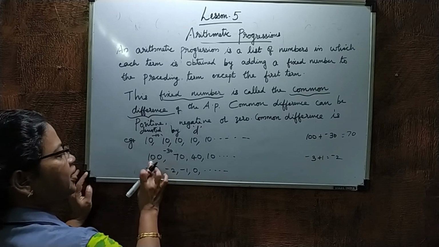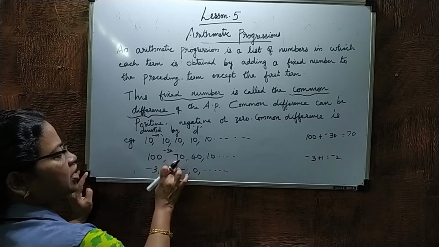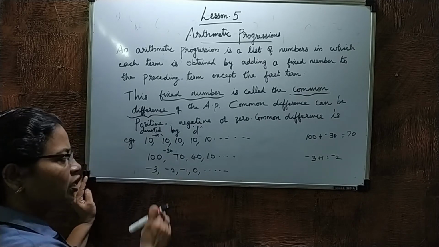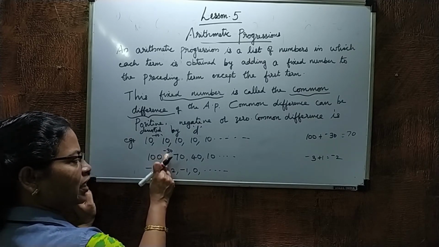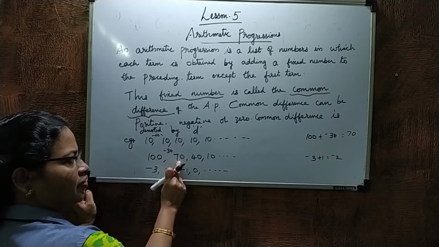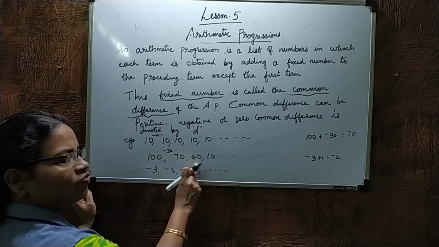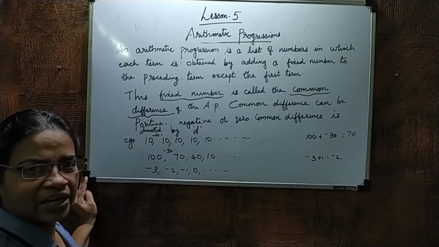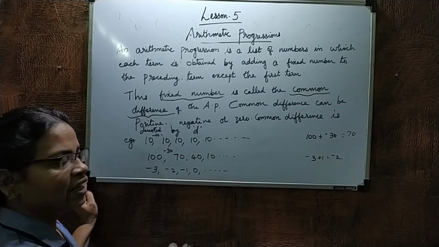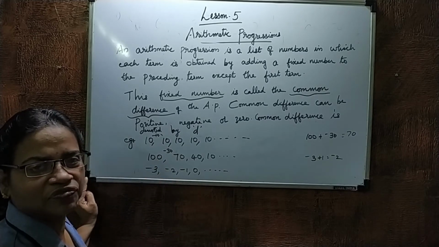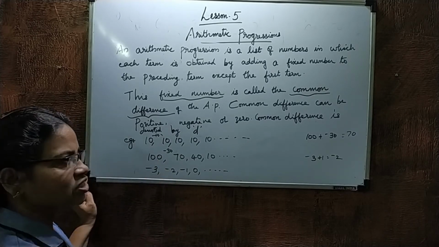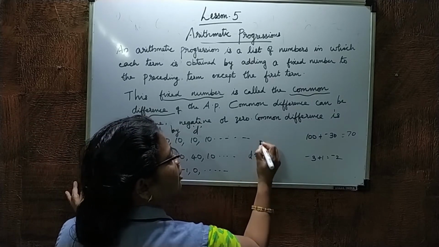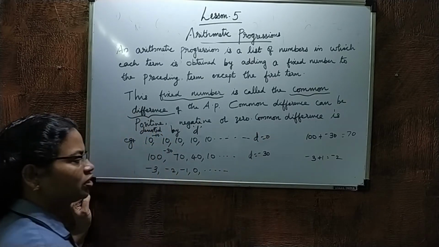Yes. 70 plus negative 30, you will get 40. 40 plus negative 30, you will get answer 10. So, preceding term you are adding negative 30. Which is the common difference there? Negative 30 is the common difference. Clear? So, that is d. Here d is negative 30. Here d is 0.